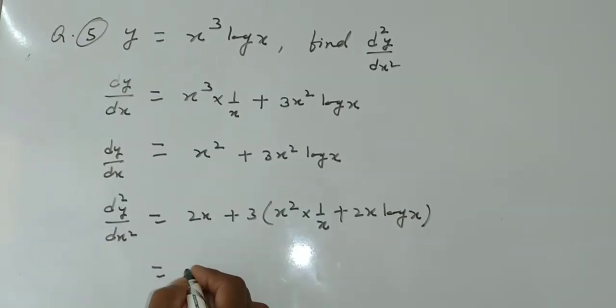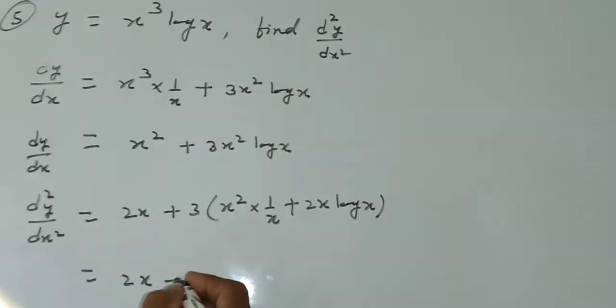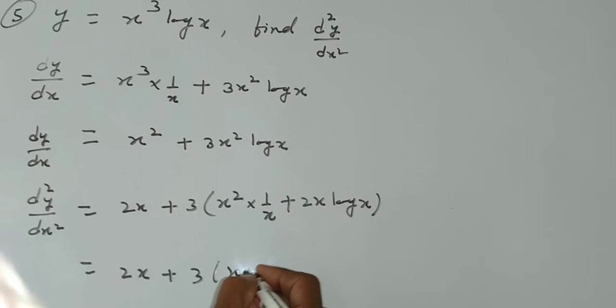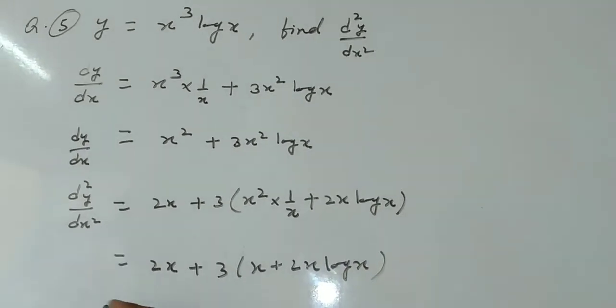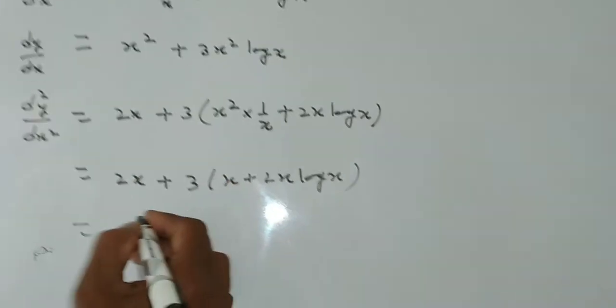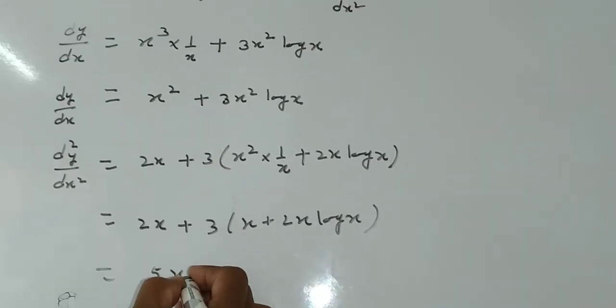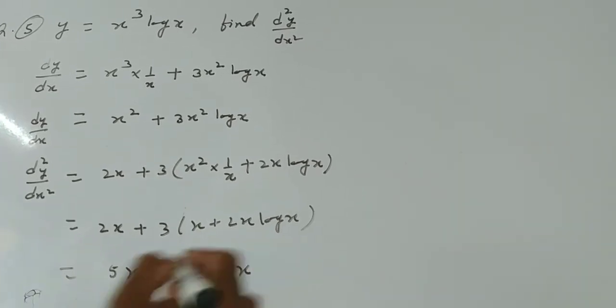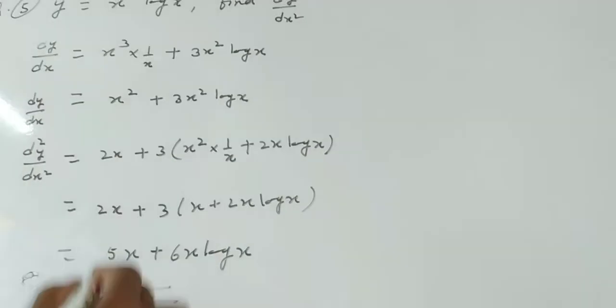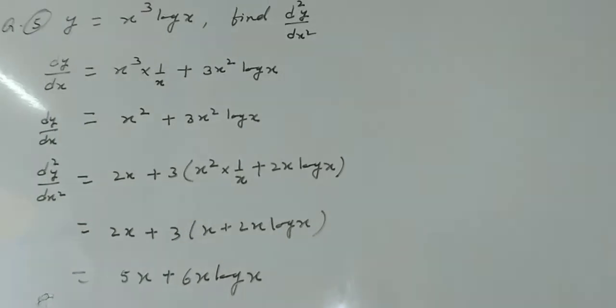So this is equal to 2x plus 3 into x plus 2x log x. So 2x plus 3x, that is 5x, plus 6x log x. This is very simple. This is the final answer of this question.